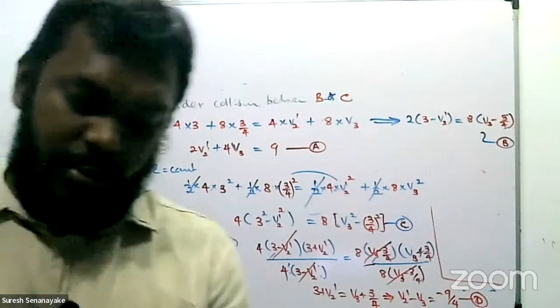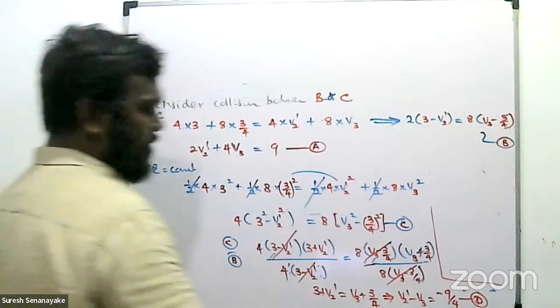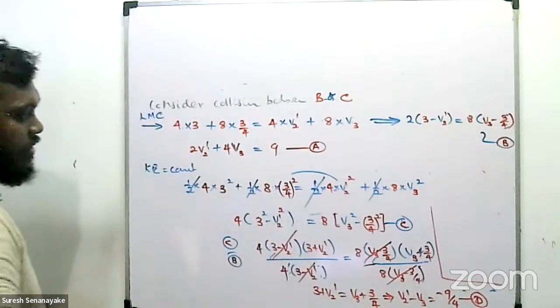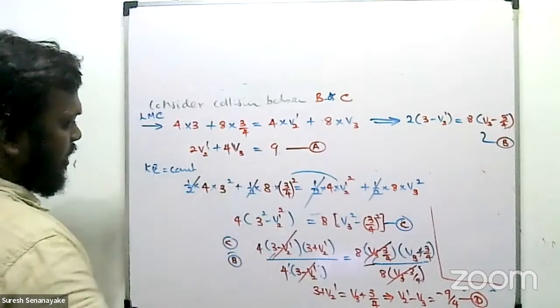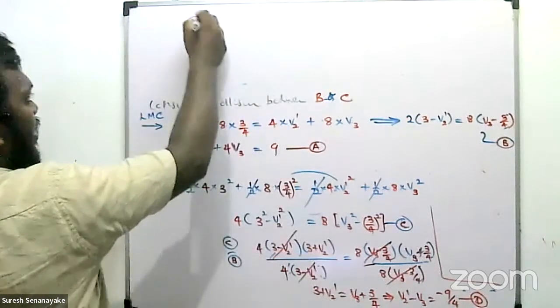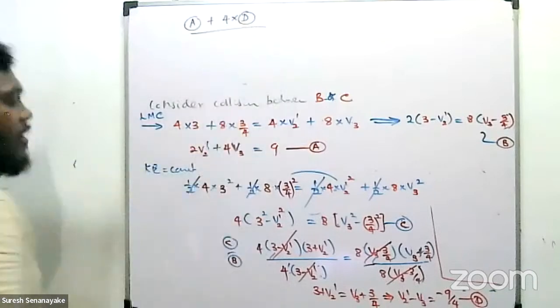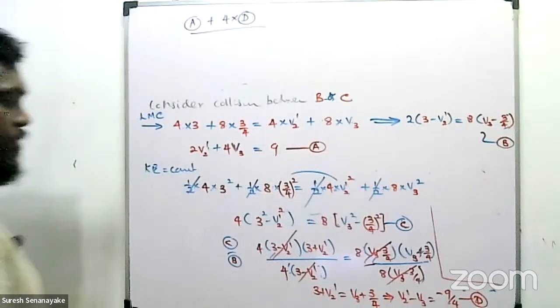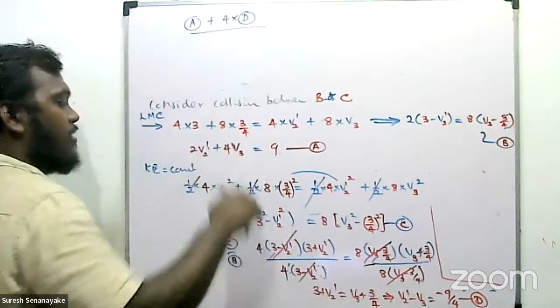You need to think a little more. The first equation you have this, the second equation you have this. It's easy: multiply D by 4 and add it to A. If it is multiplied by 4, this becomes minus 4v3, this is plus 4v3, they cancel.